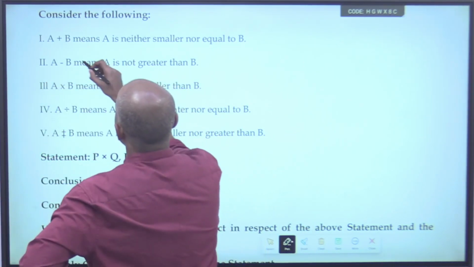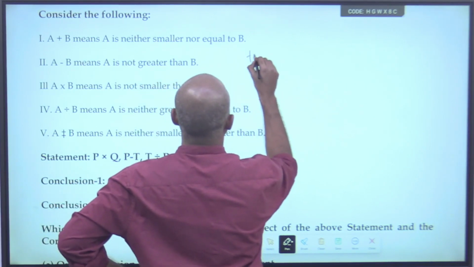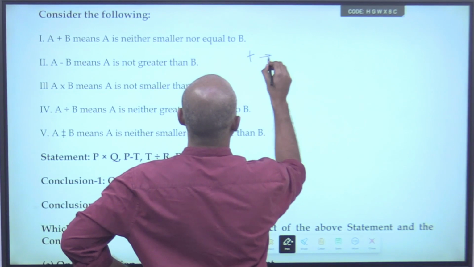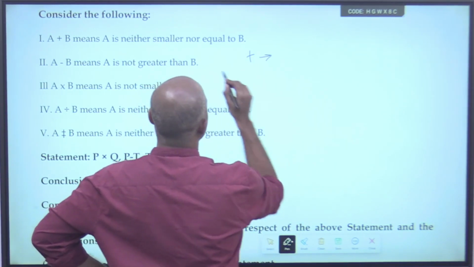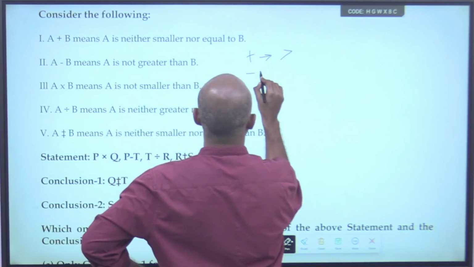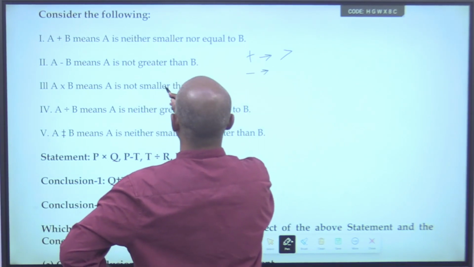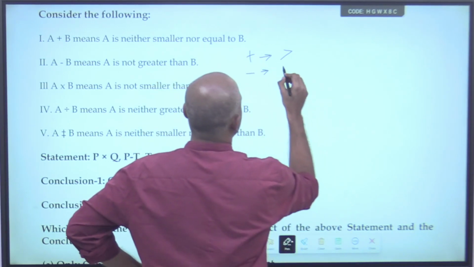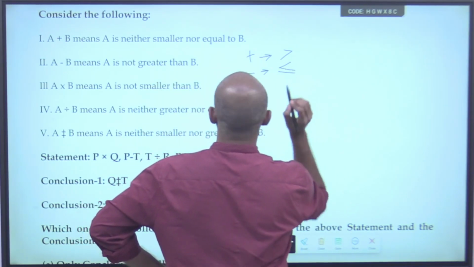Okay, a plus b means neither smaller nor equal. So if it is neither smaller nor equal, then it should be greater. A minus b is not greater. If it is not greater, it has to be the other two, so it must be smaller or equal to.